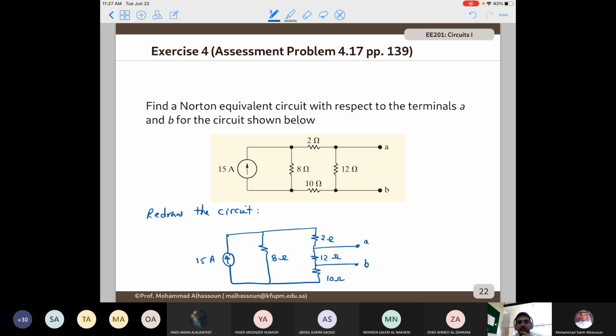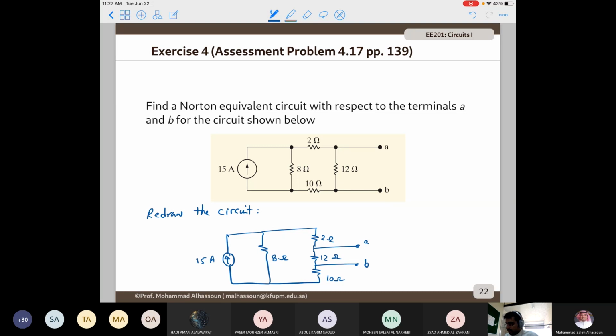If I ask you to find the short circuit current between A and B, what should you do? Shabab, if I ask you to find the short circuit current between A and B, what should you do?